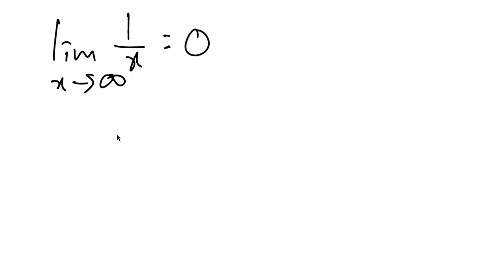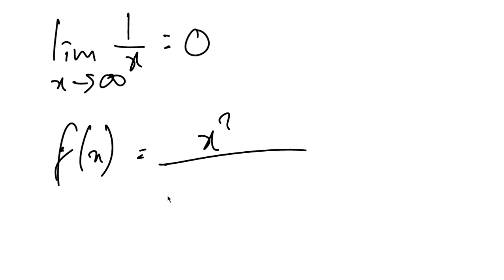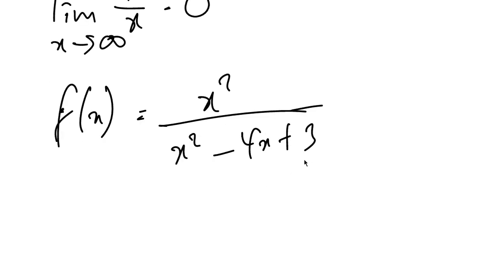So using another example to be clearer, f of x equal to x squared all over x squared minus 4x plus 3. And he asks, determine the horizontal asymptotes. What are you going to do?